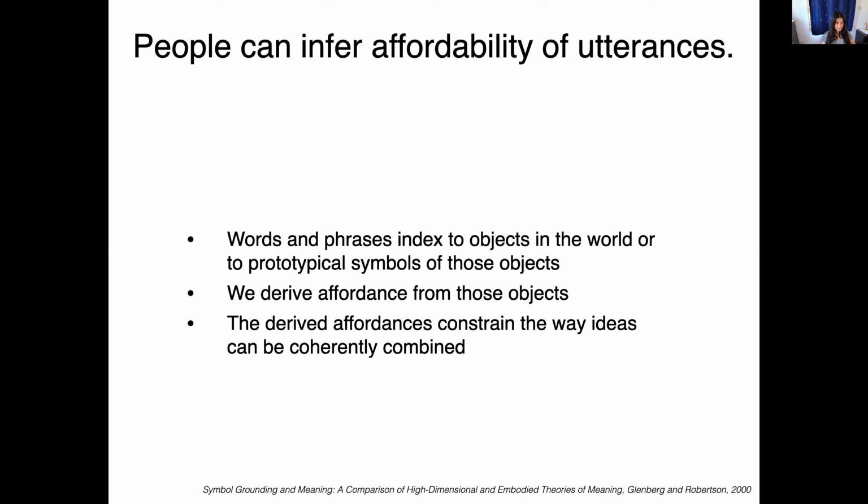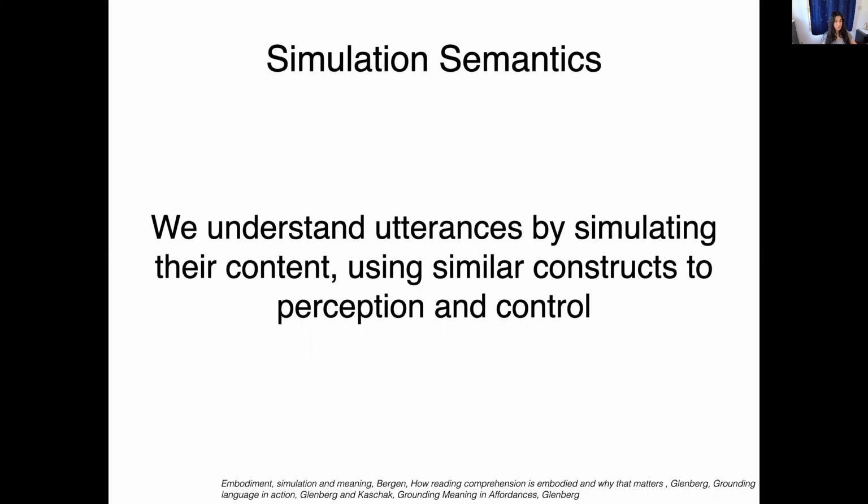This process essentially gives meaning to the utterance. There's some indexing into symbols, and these symbols have been acquired through perception and control, where people were looking and moving around. So they understand utterances, natural language, through simulation of their content.